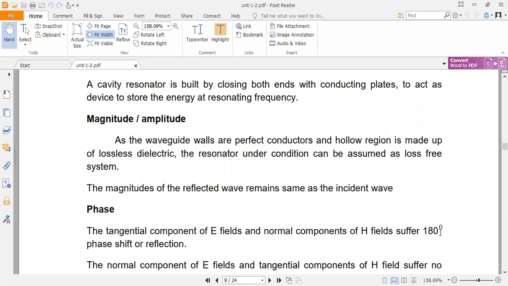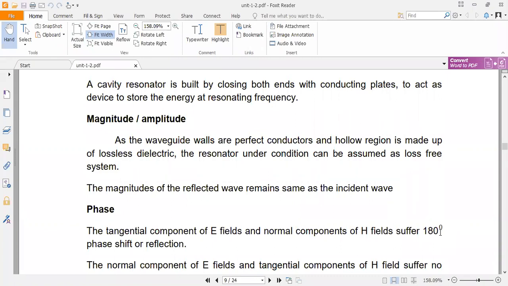The tangential component of electric field: in a waveguide, whether you remembered or not, when we applied the boundary conditions in TM and TE modes, I told you a waveguide is a combination of conducting plates with dielectric inside. In EMTL, we derived the boundary conditions.